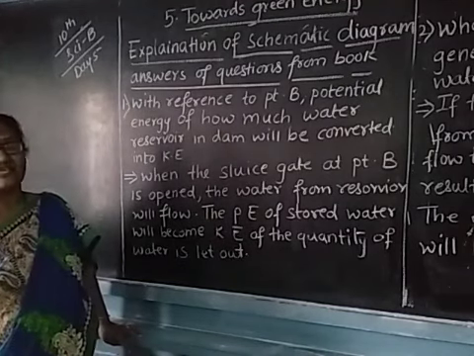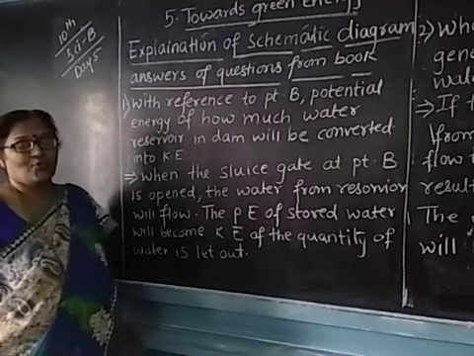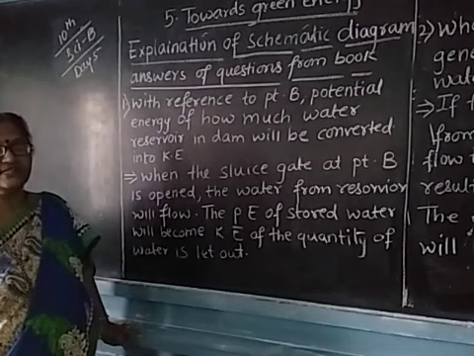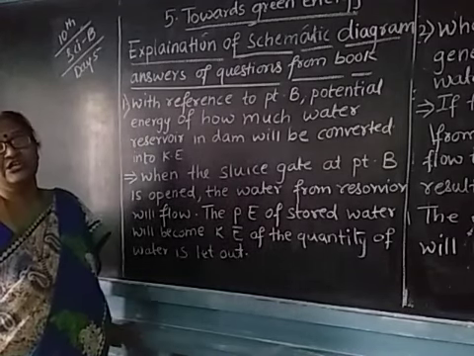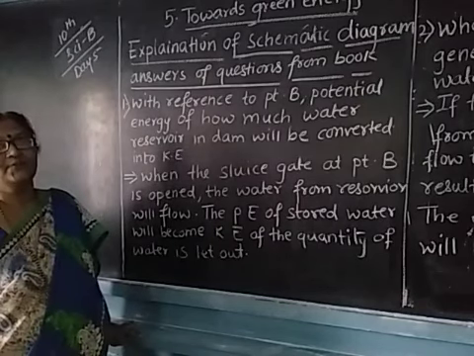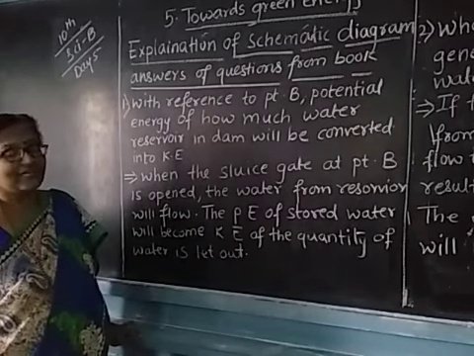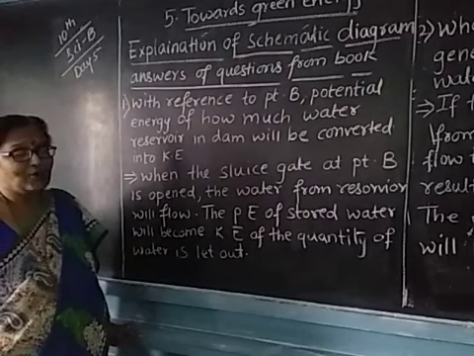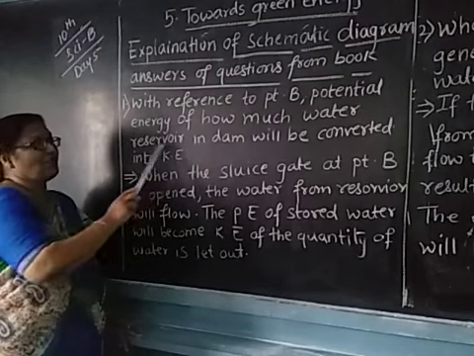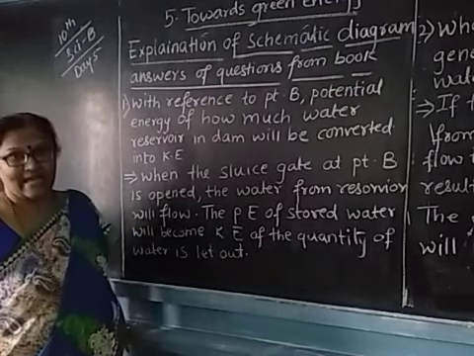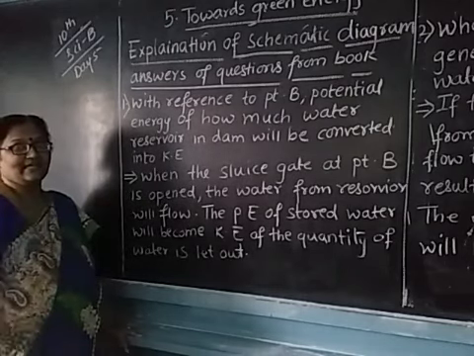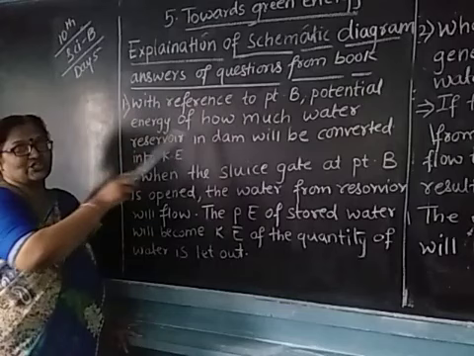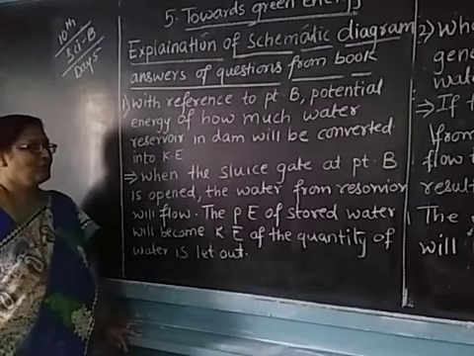That means here you have to consider the point B. The potential energy at point B, how much of it in the dam's water reservoir will be converted into kinetic energy. This is the question asked in your book.